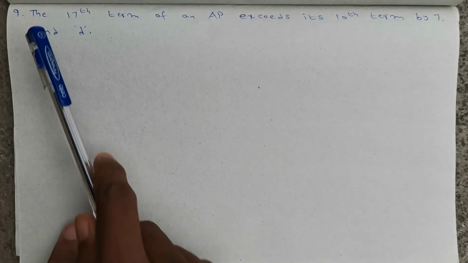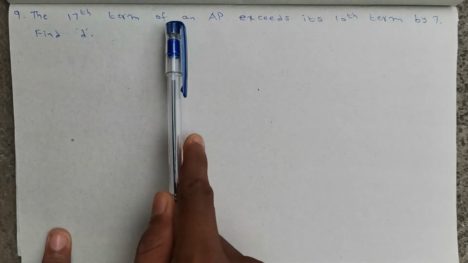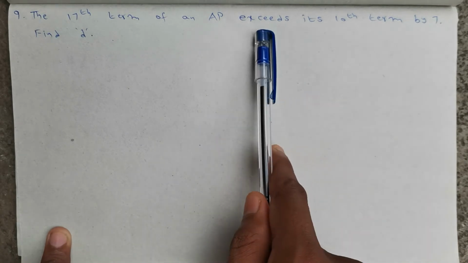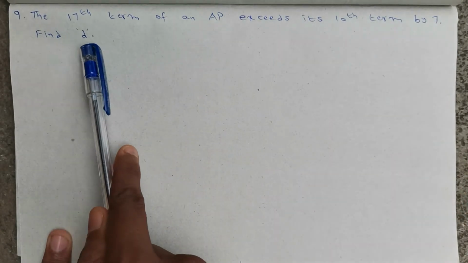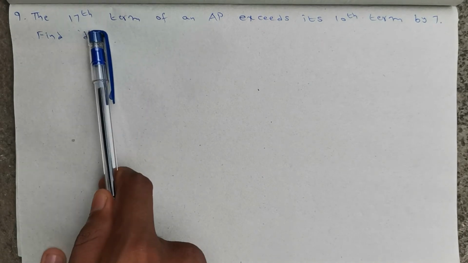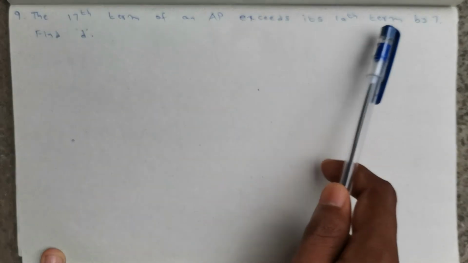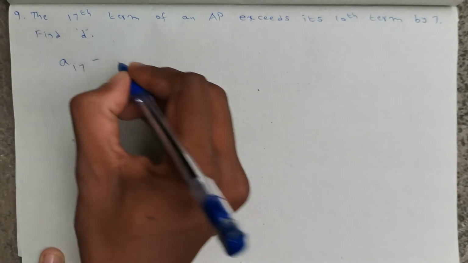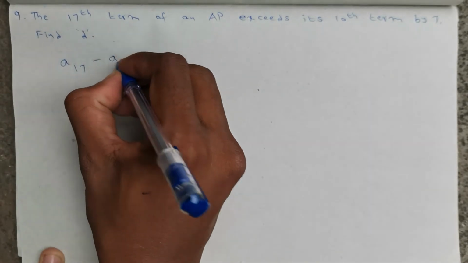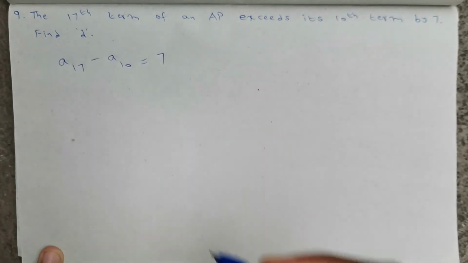Question number 9. The 17th term of an AP exceeds its 10th term by 7. Then find common difference. 17th term exceeds 10th term. It means 17th term A17 minus 10th term A10 is equals to 7.